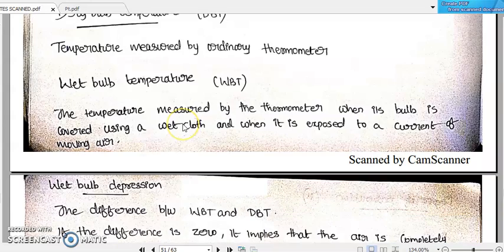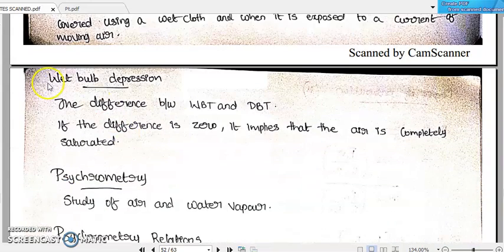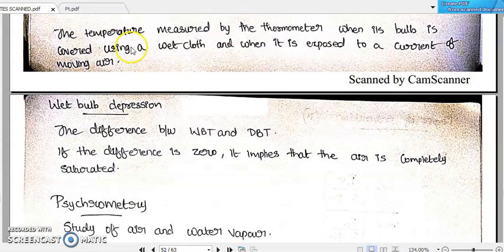So another term comes up, wet bulb depression. It is the difference between WBT and DBT, wet bulb temperature and dry bulb temperature. Suppose this wet bulb depression is 0. What does that mean? The atmospheric air is completely saturated with water vapor, so the moisture content of the wet cloth is not able to evaporate.